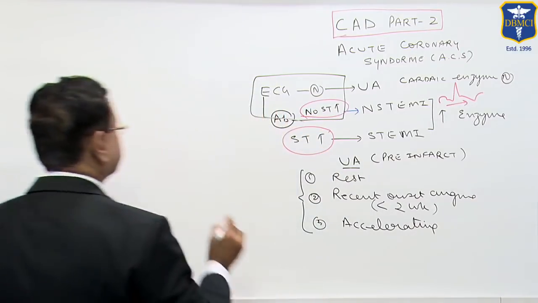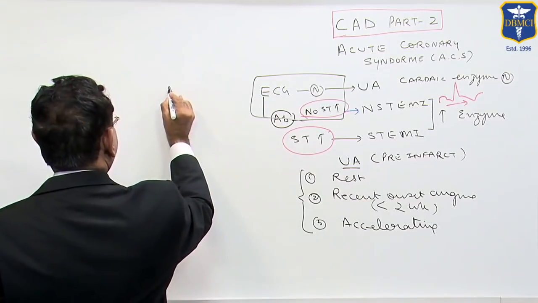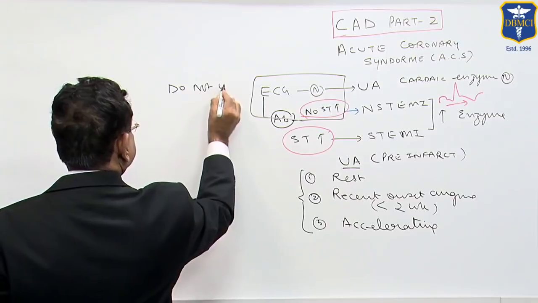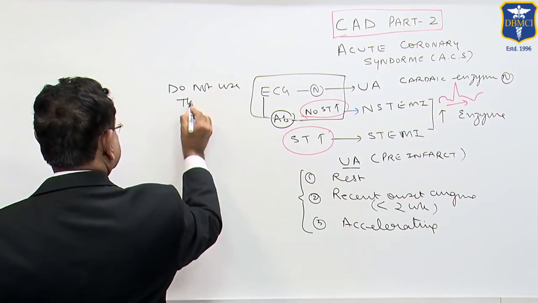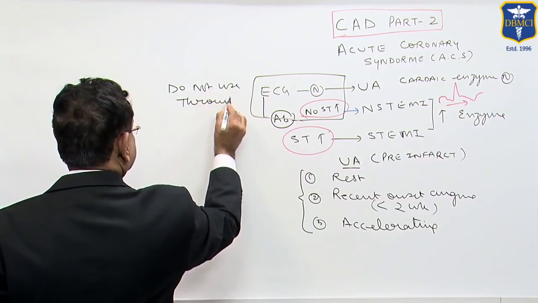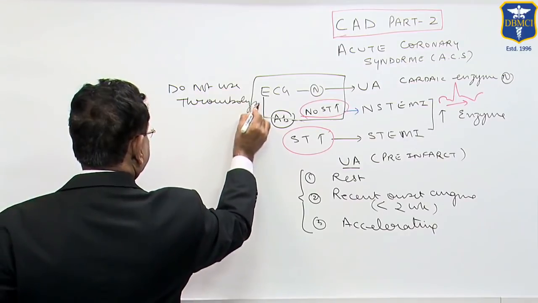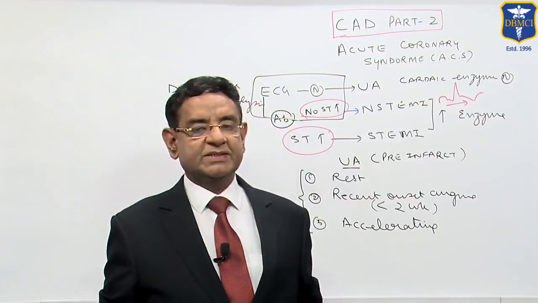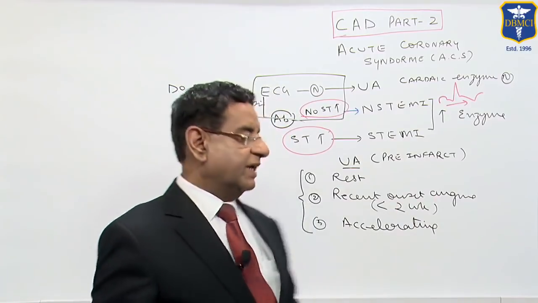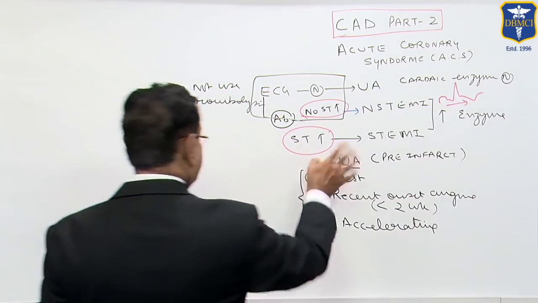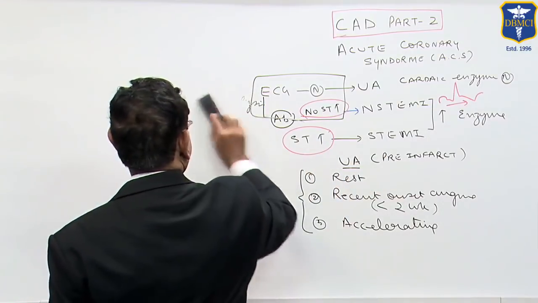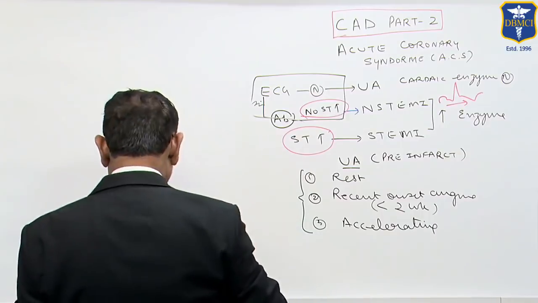In these two entities, we normally don't use thrombolysis. This is the only difference. The rest of the management is the same as what we will go for in ST elevated MI. So now I will be focusing on acute MI, which is nothing but ST elevated MI.